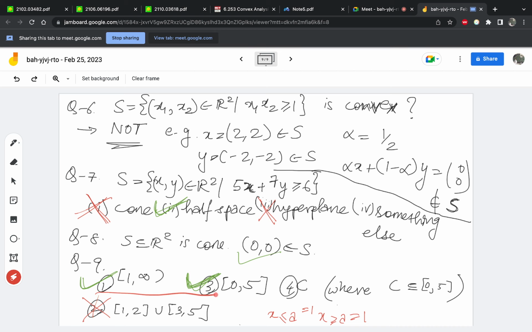So okay, this disconnected set. Yes, got it. This is a subset of 0 to 5, right? So this is not true. Any arbitrary set cannot be a polyhedron. So there are only two correct answers here.